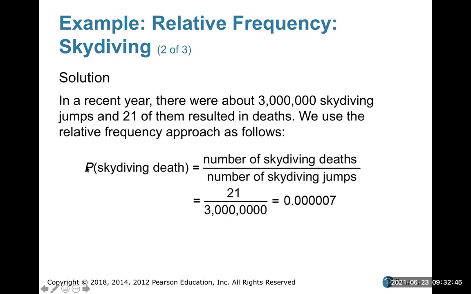So if you want to find the probability of a skydiving death, it's the number in favor of the question, of those who've died, so that's partial over all of possibilities. So 21 over 3 million.